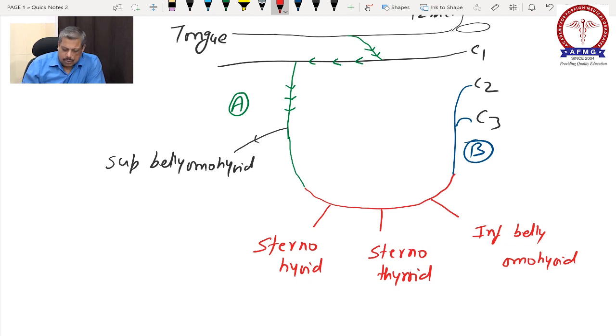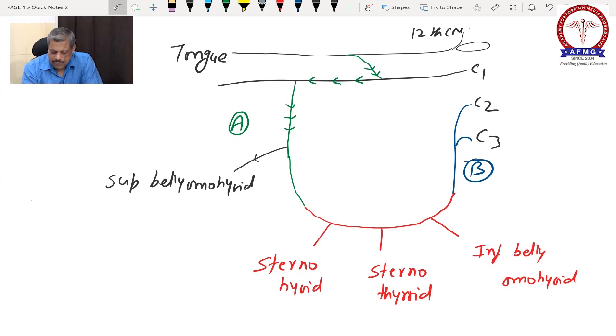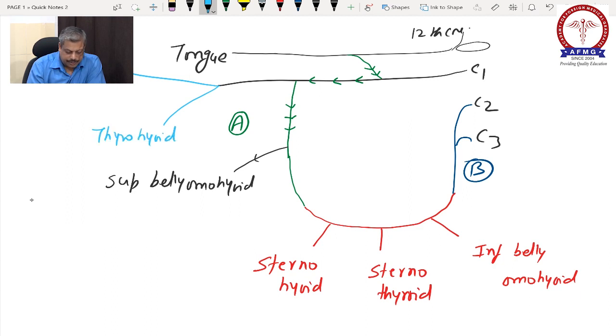Clear? So one muscle is left here of the infrahyoid group. These are all infrahyoid muscles. What is that? The C1 nerve supplies two muscles, which are known as the thyrohyoid and geniohyoid.